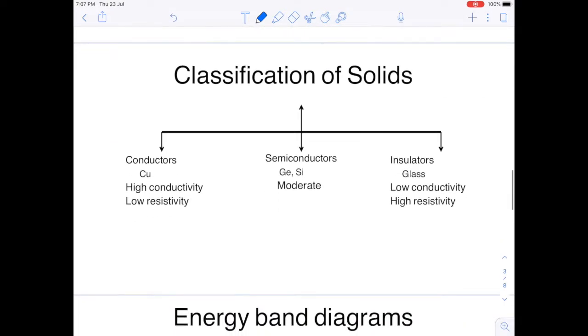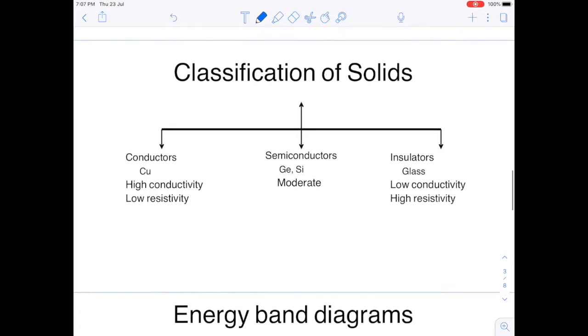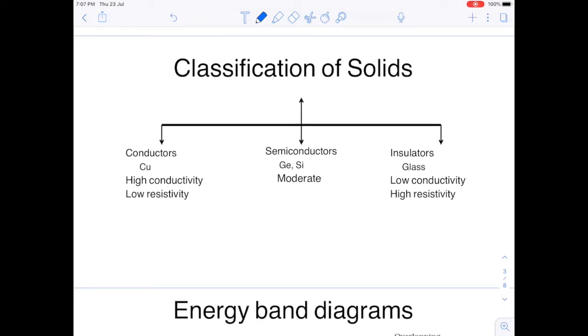Now, let us see what semiconductors are and how they are classified. Solids are classified into three categories: conductors, semiconductors, and insulators. Conductors are also called metals, which have free electrons, and insulators do not have free electrons, so they do not conduct electricity; current will not pass through insulators.